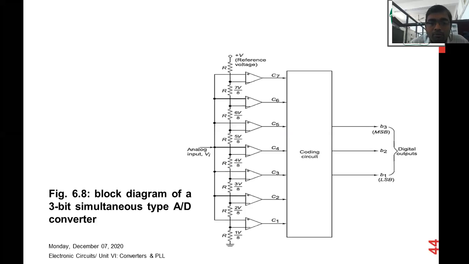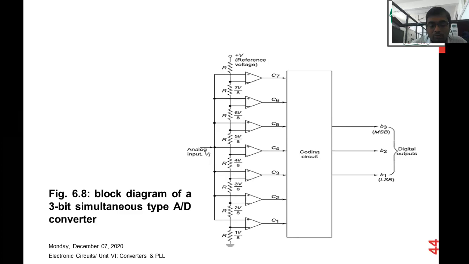This is the block diagram of a 3-bit simultaneous type or flash type A to D converter, where you can see that 7 comparators are shown. The non-inverting input is connected to the analog input voltage Vi, and the inverting input is connected to a set of reference voltages V/8, 2V/8, 3V/8 up to 7V/8 through the resistive voltage divider network.